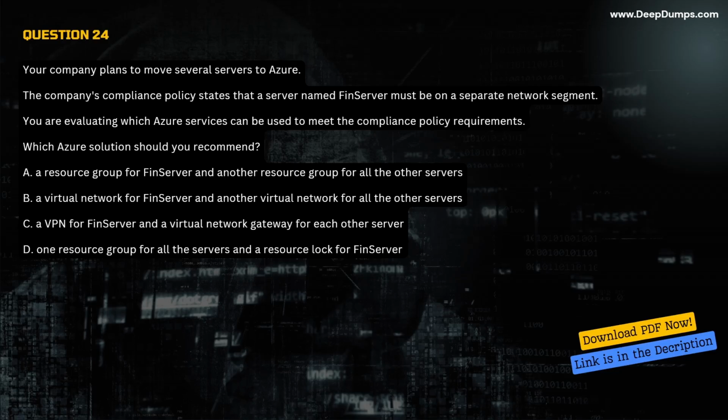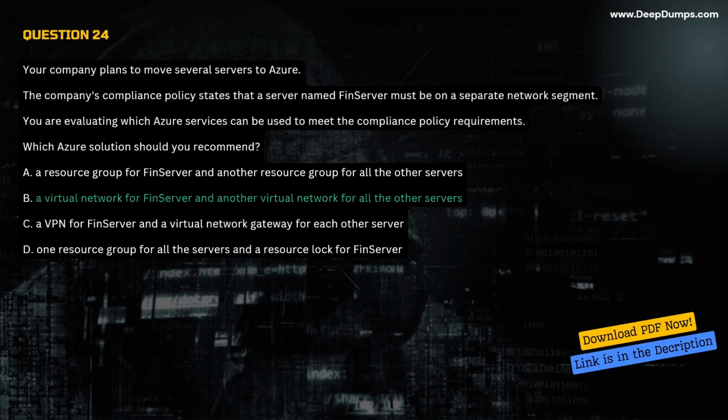A. A resource group for FinServer and another resource group for all the other servers. B. A virtual network for FinServer and another virtual network for all the other servers. C. A VPN for FinServer and a virtual network gateway for each other server. D. One resource group for all the servers and a resource lock for FinServer.